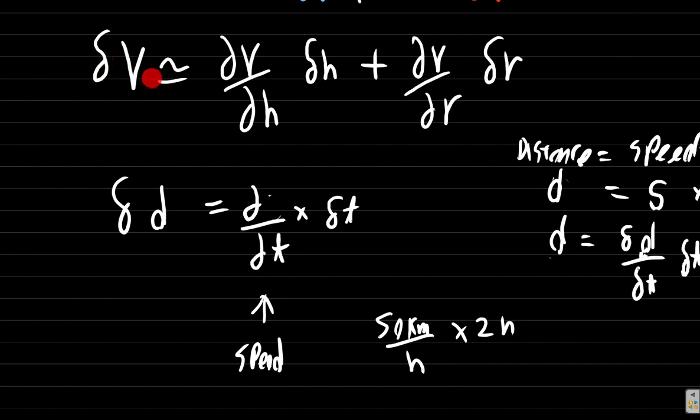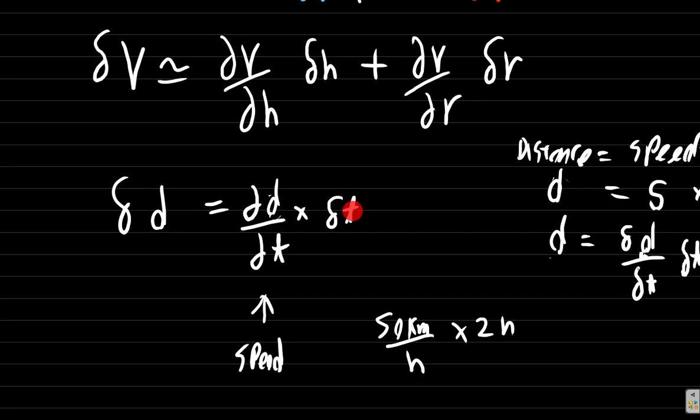Change in volume is the rate at which volume changes as height changes times a change in height. Now this change in distance is the rate of change of distance with time multiplied by the change in time.